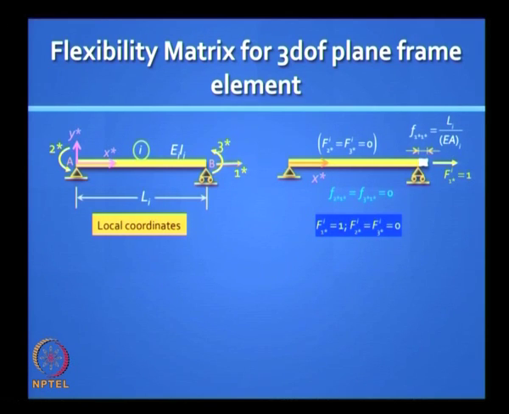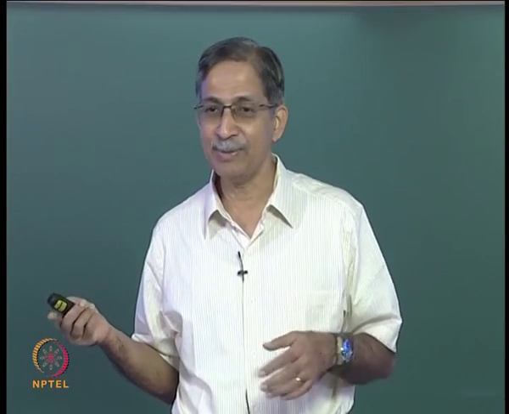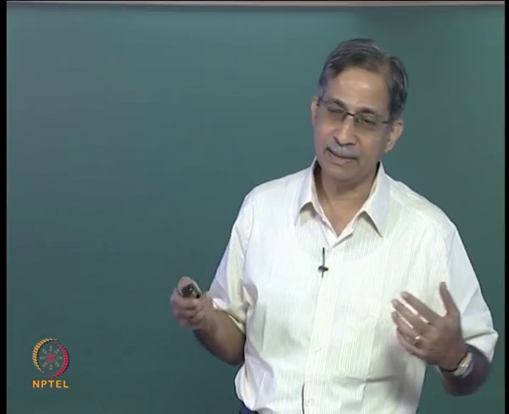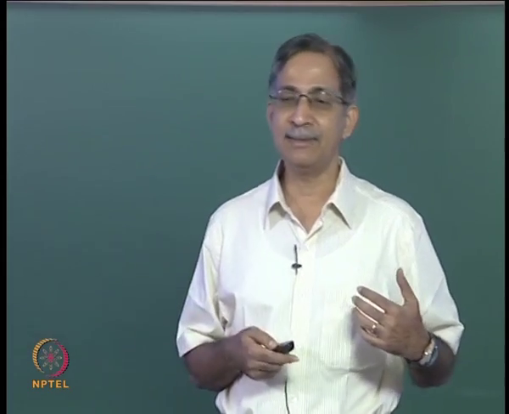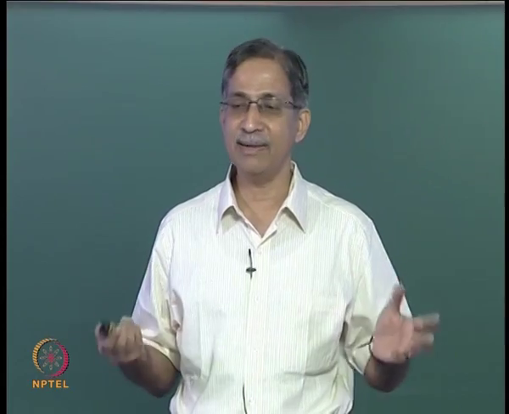Next you apply a rotation, so now you are doing what you did for the beam, you get rotations of L by 3EI and L by 6EI, one will be anti-clockwise, the other will be clockwise. You do not have any axial change in length, that is an assumption we are making, because we are saying that the flexibilities do not interact, the axial degree of freedom and the flexural degrees of freedom are independent.